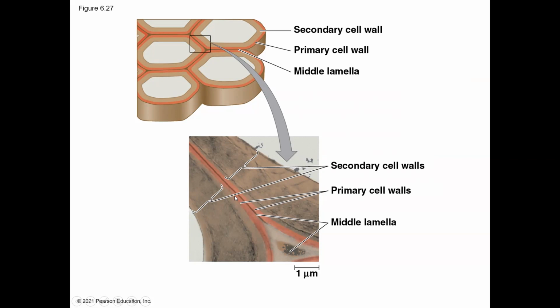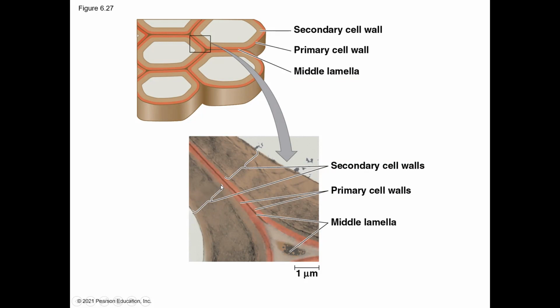Now, what they shaded in orange is the primary cell wall. The primary cell wall was excreted first, and then it comes into contact with the other cell and forms the middle lamella, which, like I said, is kind of like the glue that glues these cells together.